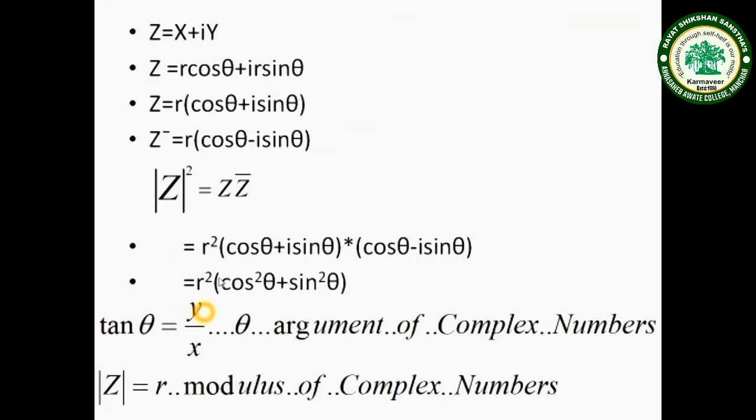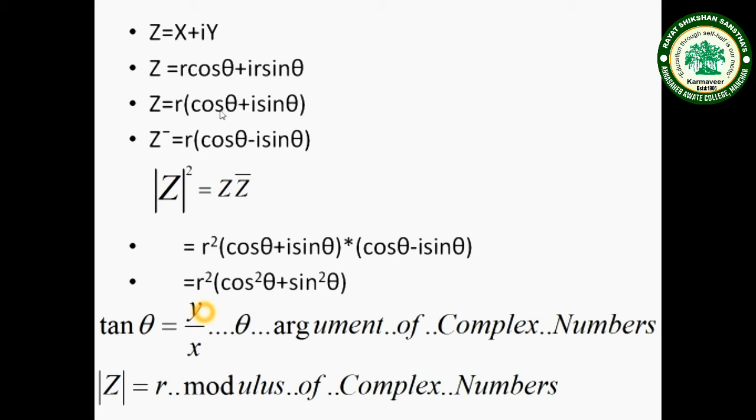Let us substitute those values here. That is, z is equal to x plus iy will become r cos theta plus i r sin theta. By taking r as common, we will have r times cos theta plus i sin theta.